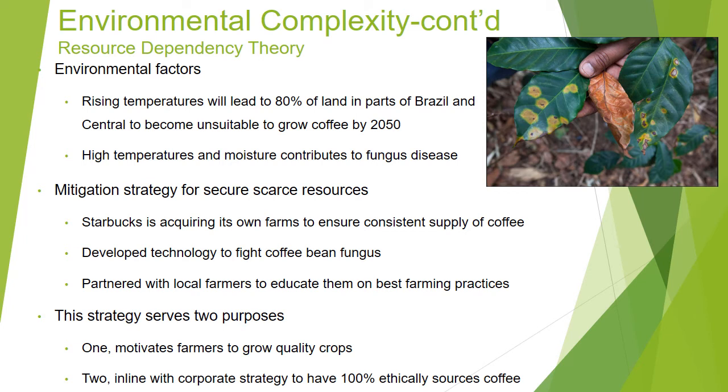Now, this strategy served two purposes. The first purpose was that the partnership and support of local farmers is a motivating factor for them to grow quality crop, which in turn secures the coffee supply for Starbucks. The second point is that this actually falls within the company's objectives to have 100% ethically sourced coffee.